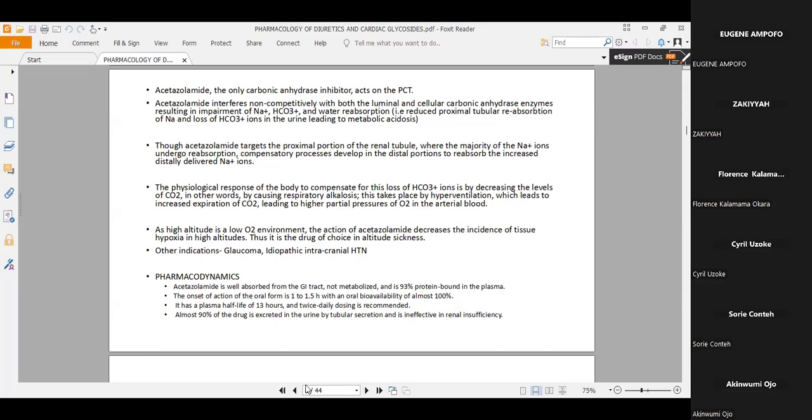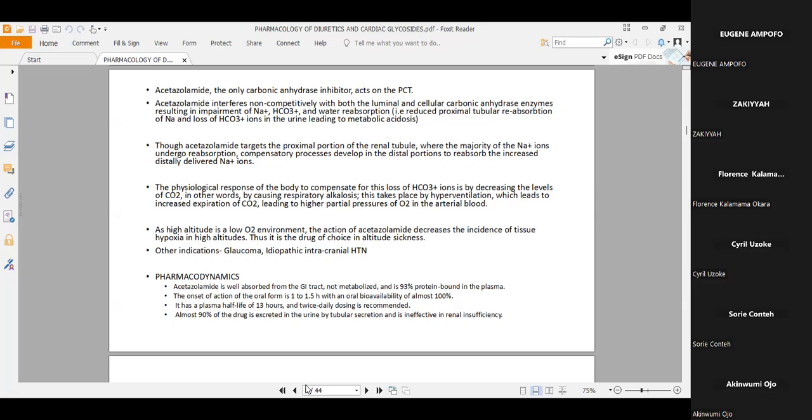The physiological response of the body to compensate for this loss of bicarbonate ion is by decreasing the levels of carbon dioxide, that is by causing respiratory alkalosis. So this takes place by hyperventilation, which leads to increased expiration of the carbon dioxide, leading to higher partial pressure of oxygen in the arterial blood.